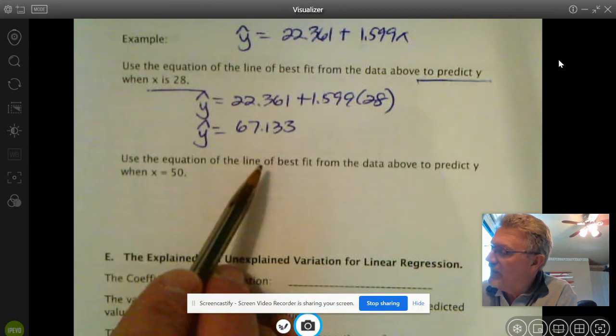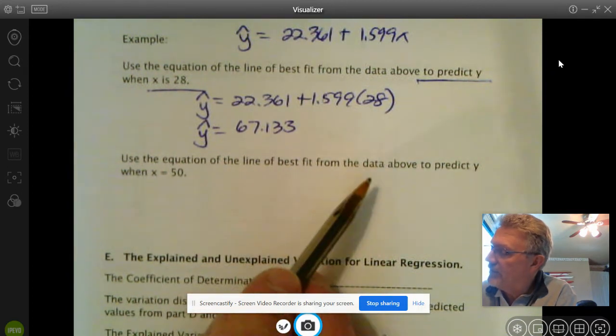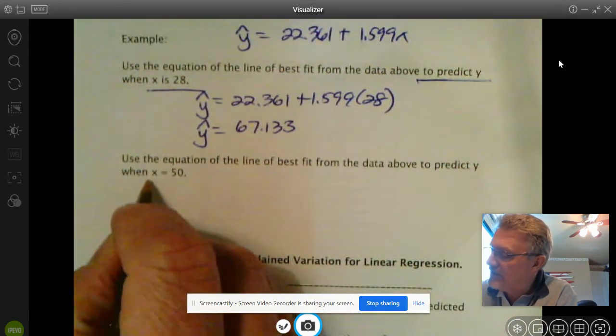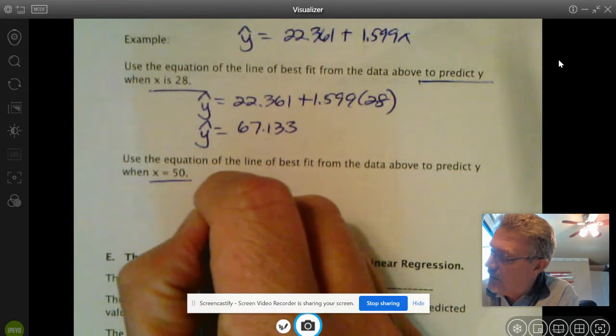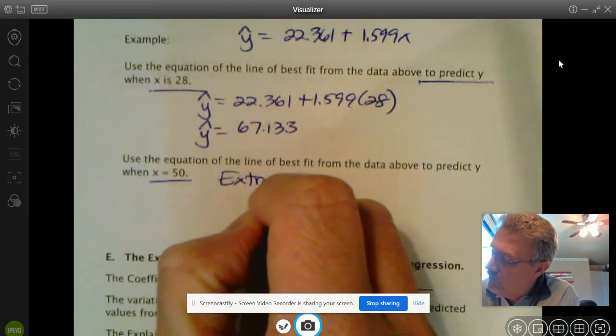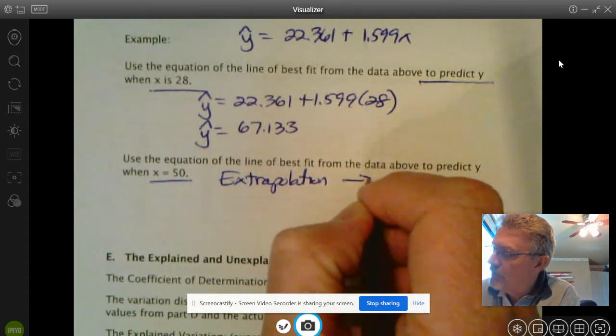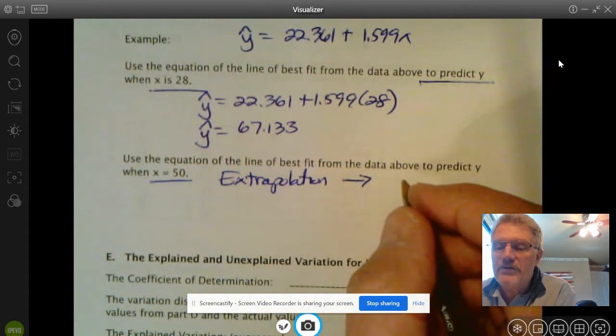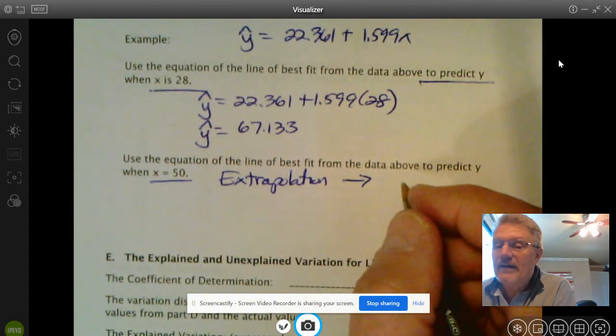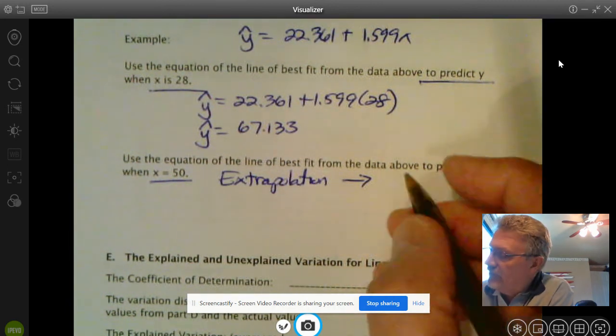Use the equation of the line of best fit from the data above to predict y when x is 50. This is extrapolation, because in our question my x values only went up to 34. I'm not guaranteed that this pattern will continue all the way to 50.